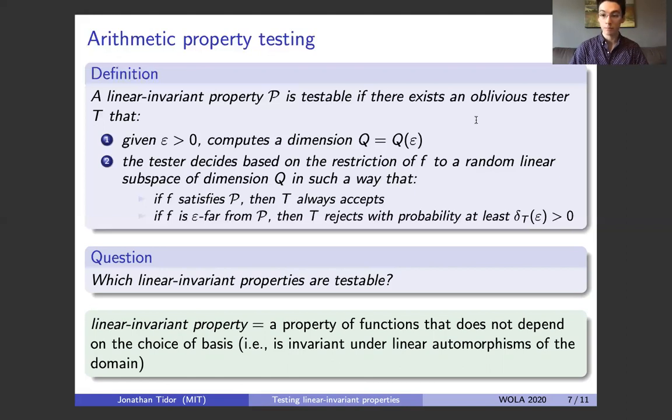None of them are bad. So this class of properties is linear invariant. It includes, for example, linearity itself, but it also includes lots of other properties like being triangle-free, which we'll see again in a couple slides. And in fact, this simple class of two-dimensionally defined properties was not known to be testable in general until our work.